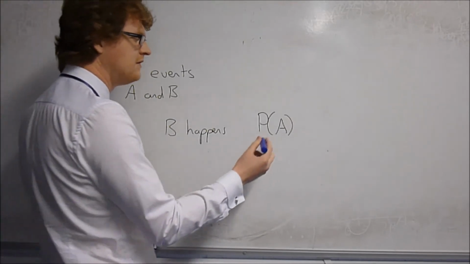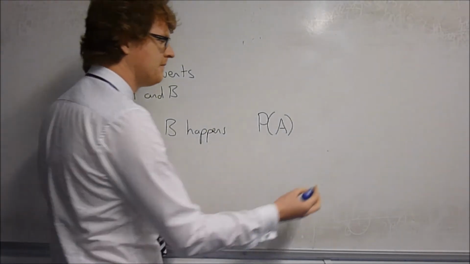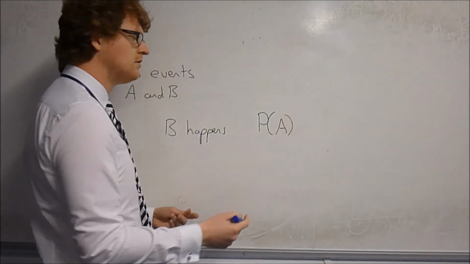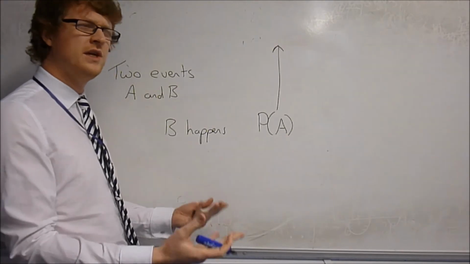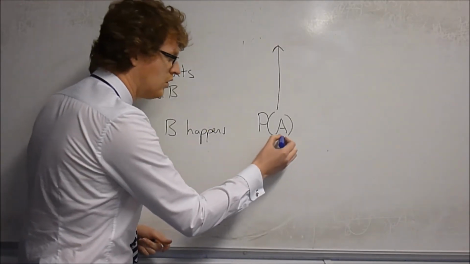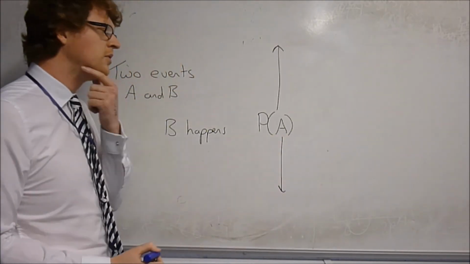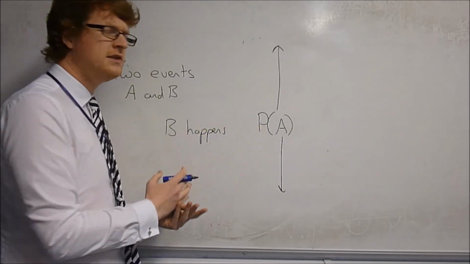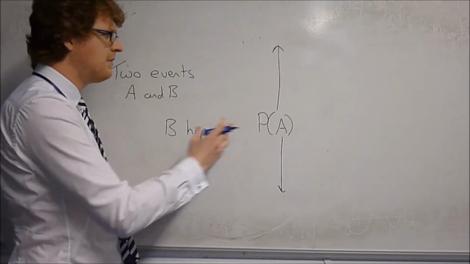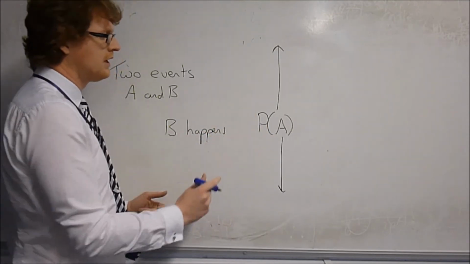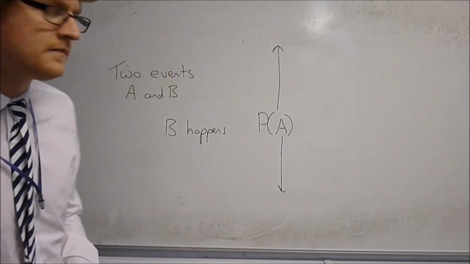This is actually the probability of A given B. But the probability of A could go up. So B happens, for some reason the probability of A increases. Or it could decrease, up or down. It depends on what happens to B. So A depends on B. No, I want to start again.